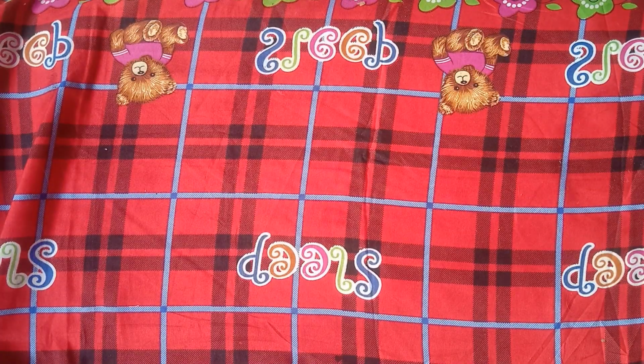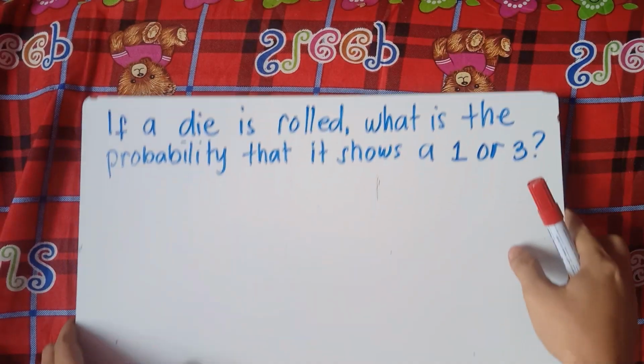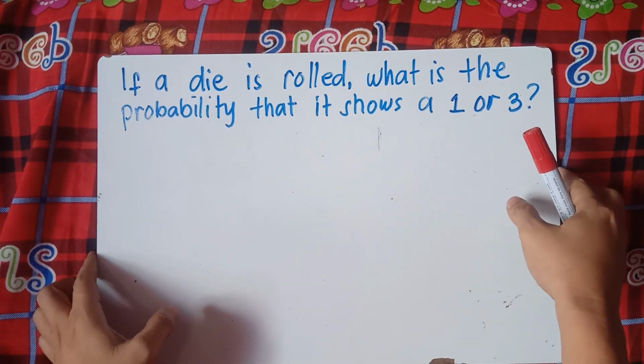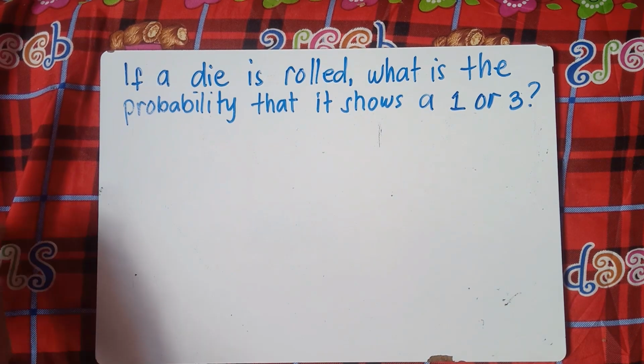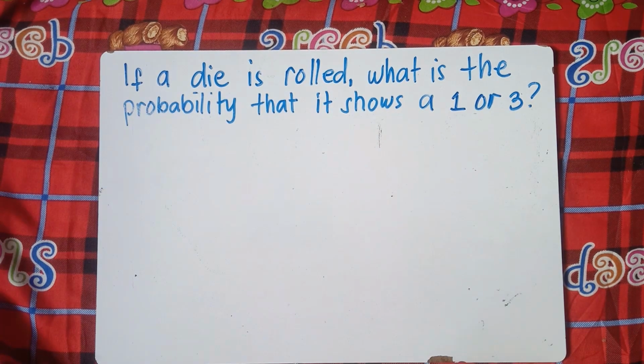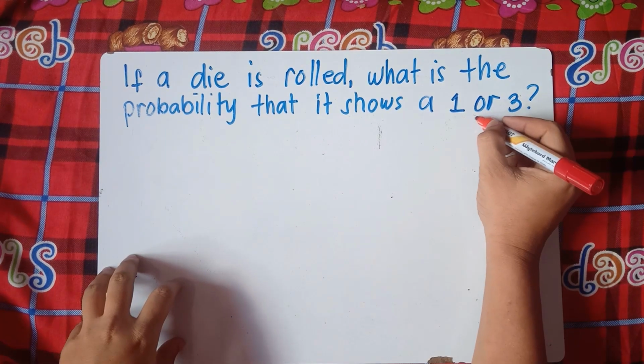Alright, so let's try another example for us to really understand this one. So what if there's OR? So let's try this one. If a die is rolled, what is the probability that it shows 1 or 3? So you have the word OR there.